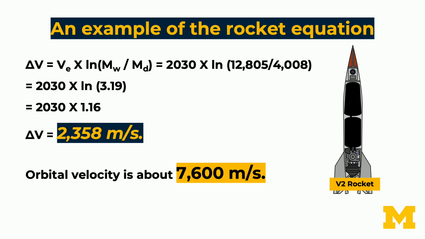So the V2 rocket had no chance of ever getting into orbit. It basically just can't produce enough delta V to get into orbit. It was a ballistic missile. So it went up and it came back down. Okay? So we can calculate, using the ballistic trajectory equations, how far that missile could go based on this 2,358 meters per second.